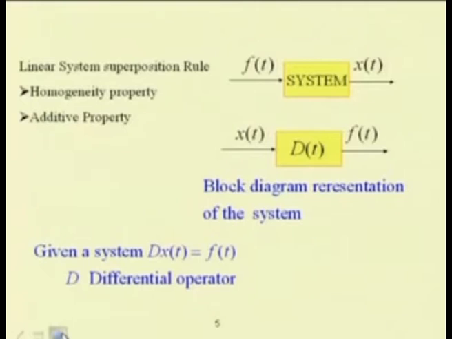I told that a linear system can be identified by using the superposition rule. In the superposition rule it has to satisfy the homogeneity property and the additive property.